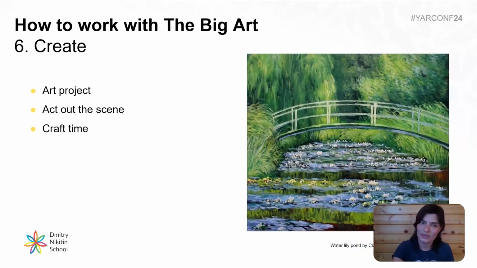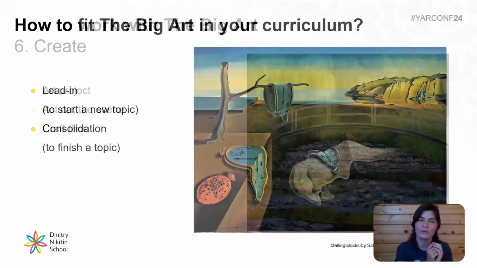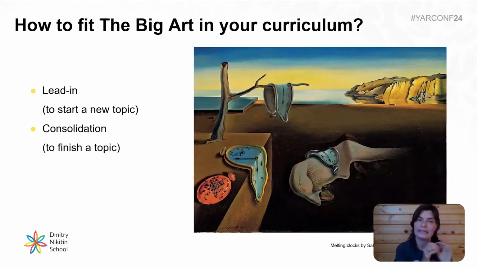So I usually use it in two situations, either as a lead-in activity, and when I say lead-in, I mean not a separate lesson, I mean a group of lessons, a block of lessons devoted to one topic. And to start this topic, I use a painting, or I can use it as a consolidation stage.